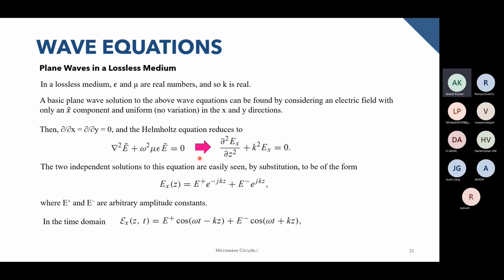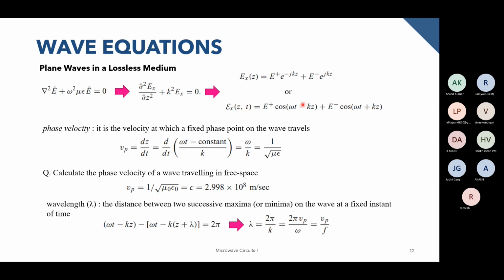So the Helmholtz equation reduces to this particular differential equation, and its solution can be given by this, where E plus and E minus are just arbitrary amplitudes. We can similarly write this in the time domain in this form. So we can give the solution in either the frequency-domain phasor form or the time domain form.